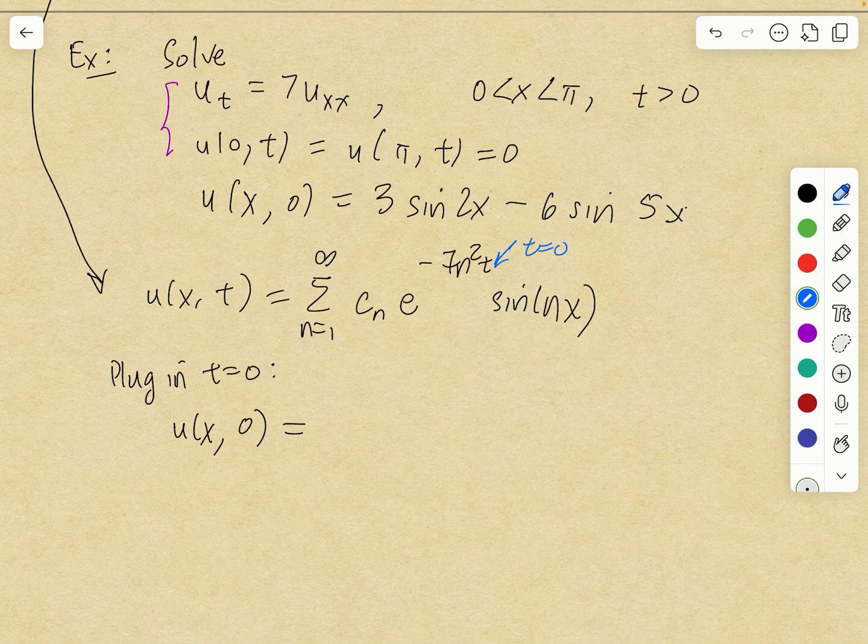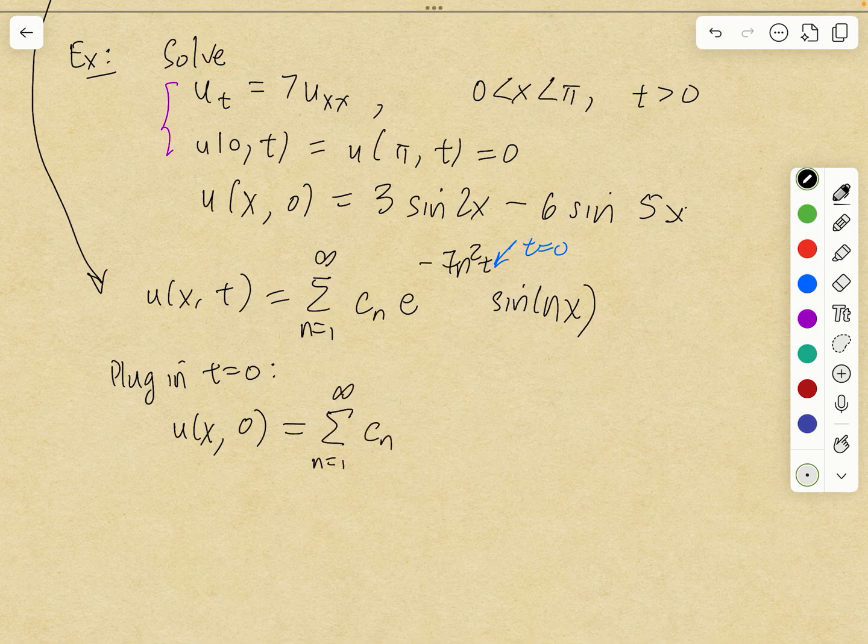So the exponent's going to be 0, because you have negative 7n squared times 0 is 0. E to the 0 power is 1. So you are just going to get the sum from n equals 1 to infinity of cn sine nx.